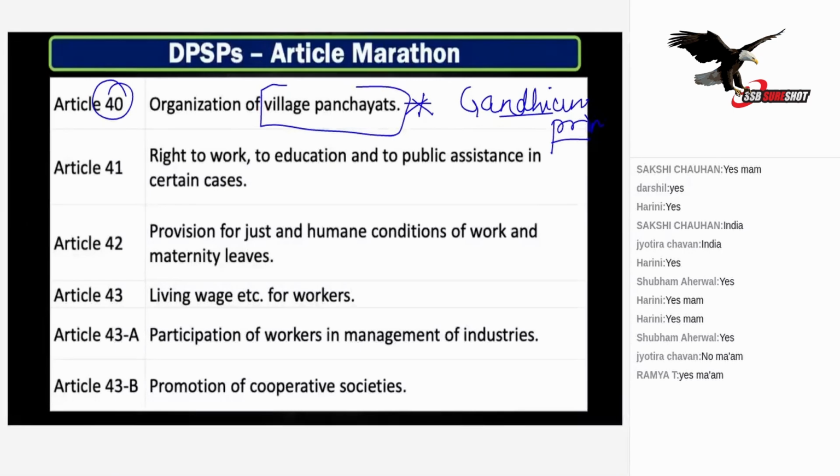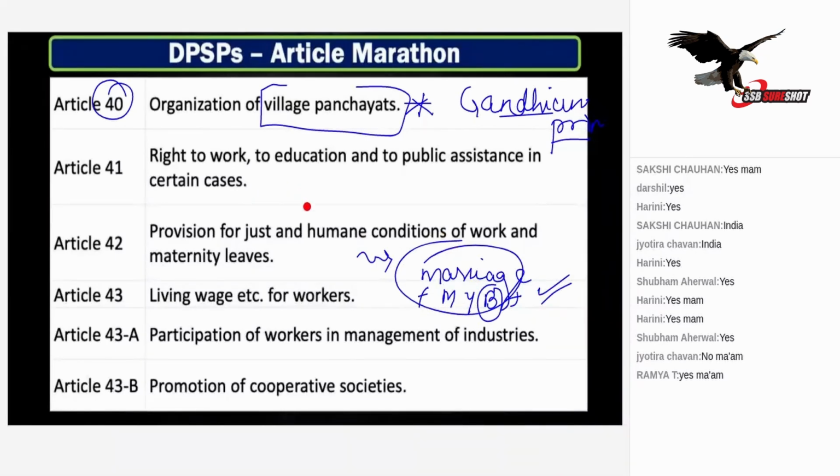For example, there's a marriage in your house. In your house, your father, your mother, you and your brother live, and your brother's marriage is there. What if I give every single arrangement to, let's say, a distant uncle?